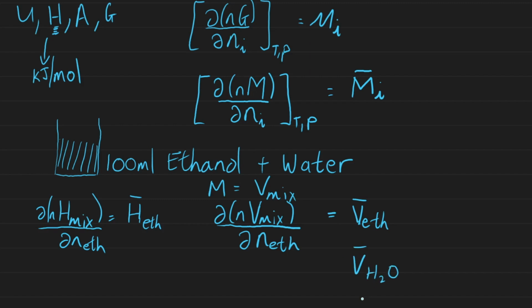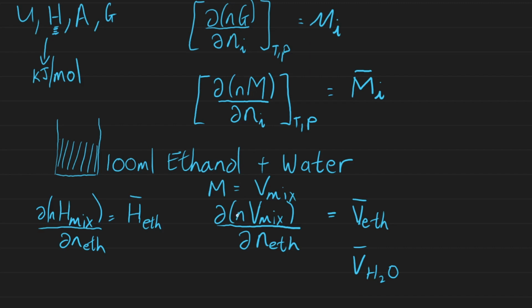So what many people might expect is that, okay, if we have 100 milliliters of this particular mixture, and we add 1 mole of ethanol to it, we can calculate the volume of 1 mole of ethanol. Will it not simply be this 100 milliliters plus how much ethanol we've added? Let's just say we add 10 milliliters of pure ethanol to this mixture. Does it necessarily mean that we would get 110 milliliters of solution or mixture? Well, it does not mean that.